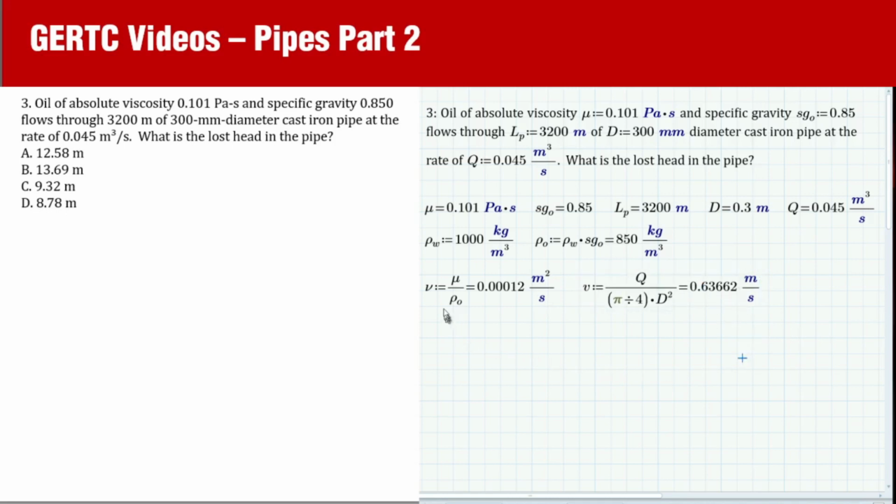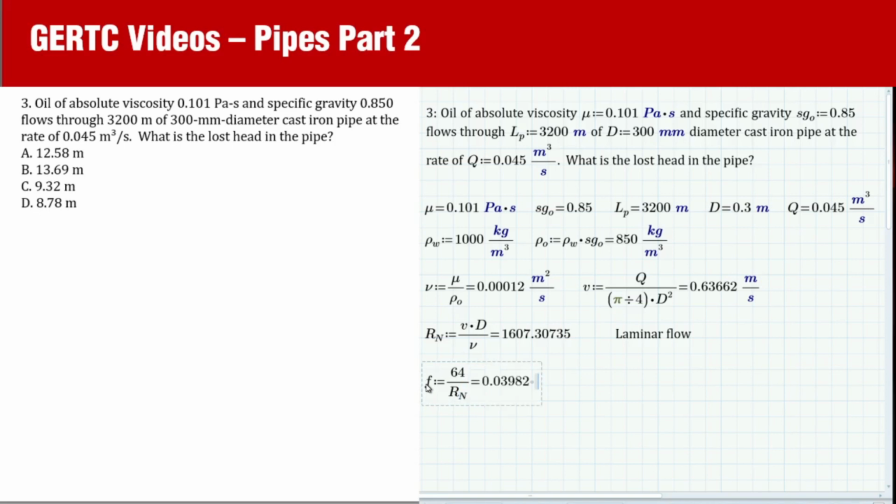0.63662 meter per second. Then I can get the Reynolds number, Rn, equals velocity times the diameter divided by the kinematic viscosity. Okay, so this is 1607, less than 2,000, less than 2,300. So this is laminar. And if that is laminar flow, the friction factor for laminar flow is equal to 64 divided by the Reynolds number.